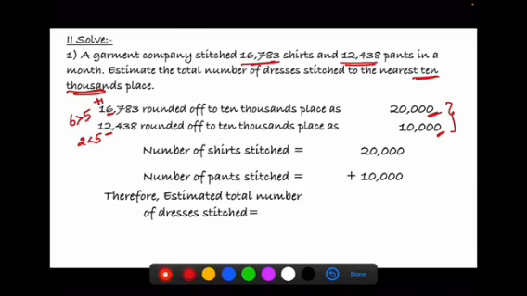We need to find the total number of dresses stitched in the month. So we will have to add 20,000 plus 10,000. What we get is 30,000. So in total 30,000 dresses were stitched in a month in the garment company. I hope all of you understood, children.